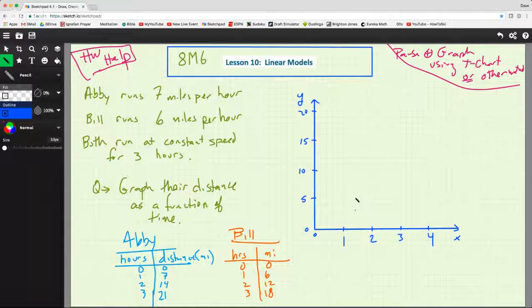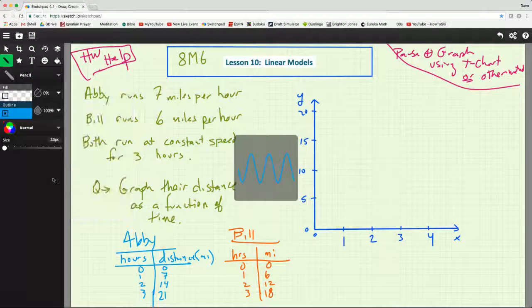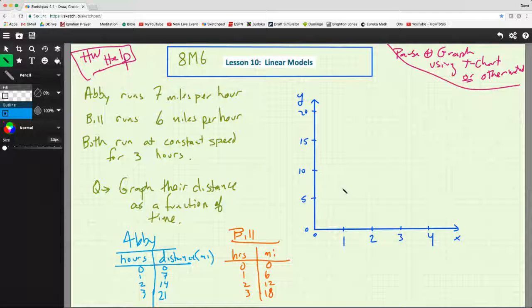So Abby's gone, let's do her color, after 1, she's gone 7. After 2, she's gone 14.